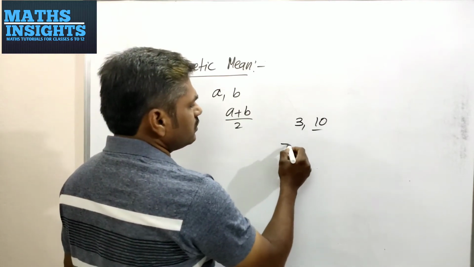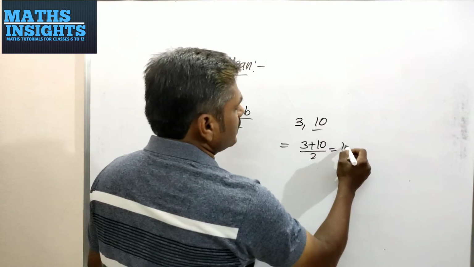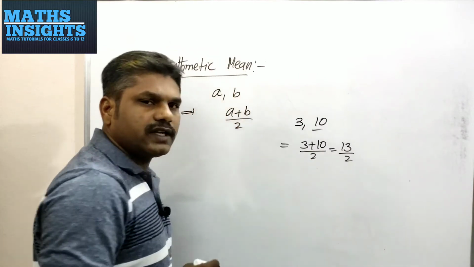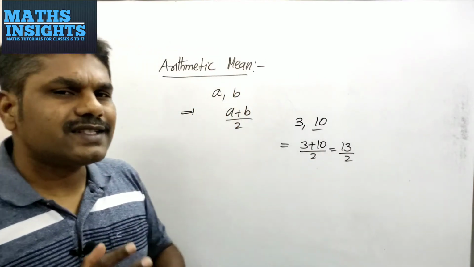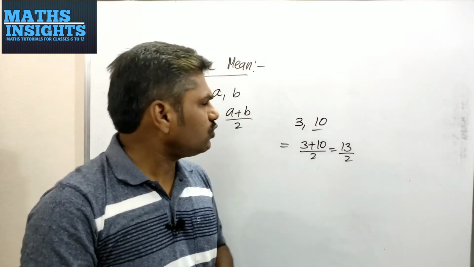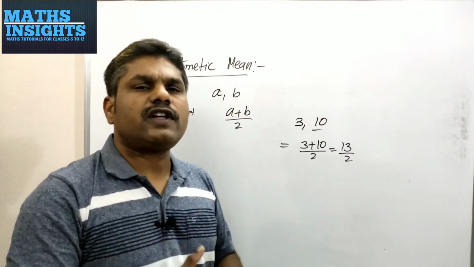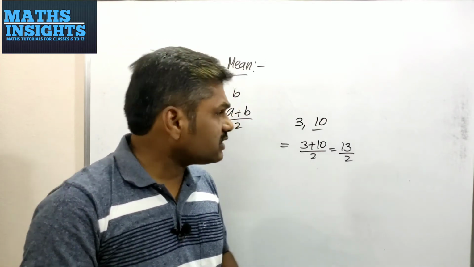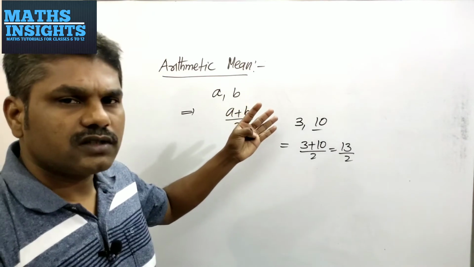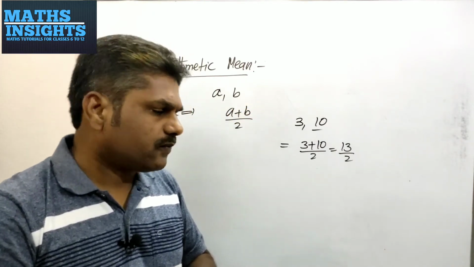You know, 3 plus 10 by 2 is the arithmetic mean of a and b. Mean is nothing but central tendency. So to find the central tendency, there are different types of methods. This is one method. Now they will ask you different types of questions.